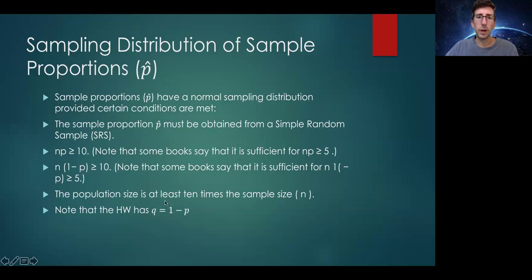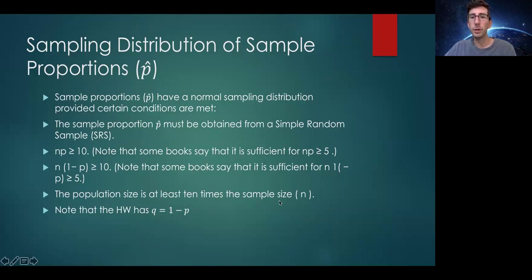So the population size also needs to be at least 10 times the sample size, right? So if our population is students at the Winter Park Valencia campus, let's just say there are 3,000 students at the Winter Park Valencia campus, then our sample size could not be any larger than 300, right?